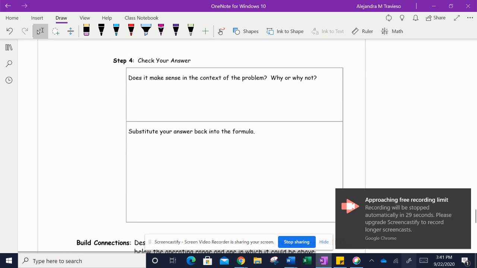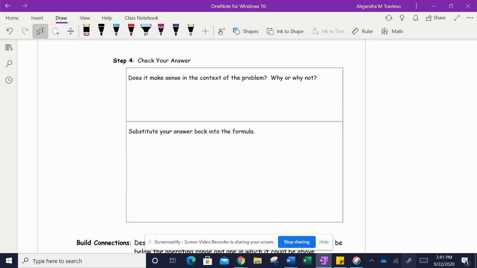Okay. Now go check your answer on your own. You're just going to plug the two numbers we got into the C equals and see if you get 0 and 35.